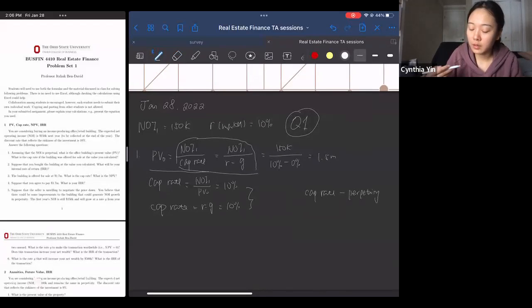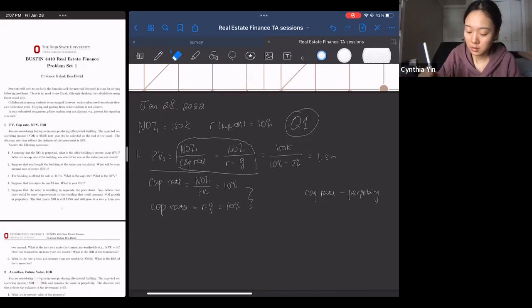In all of our materials, you'll never see the cap rate appear in any other cash flow calculation, like the present value of annuities. In other words, only when we are working with a perpetuity do we have this formula that incorporates the cap rate, which equals the discount rate R minus the growth rate.